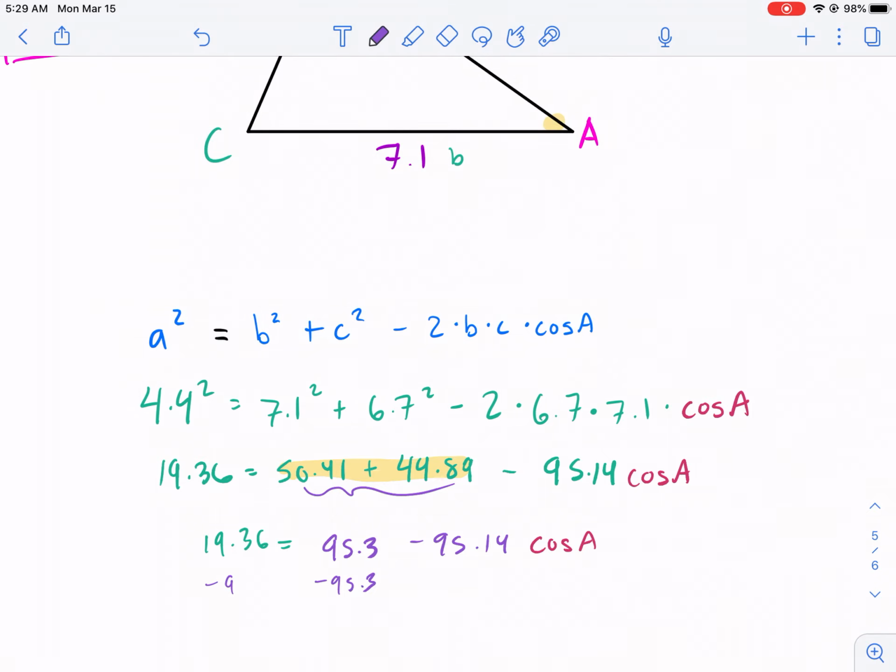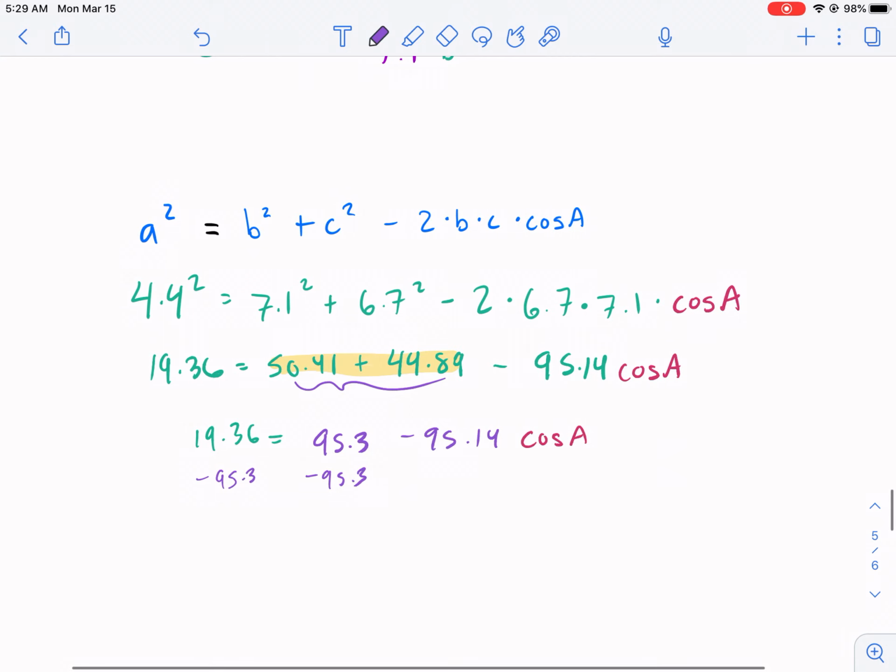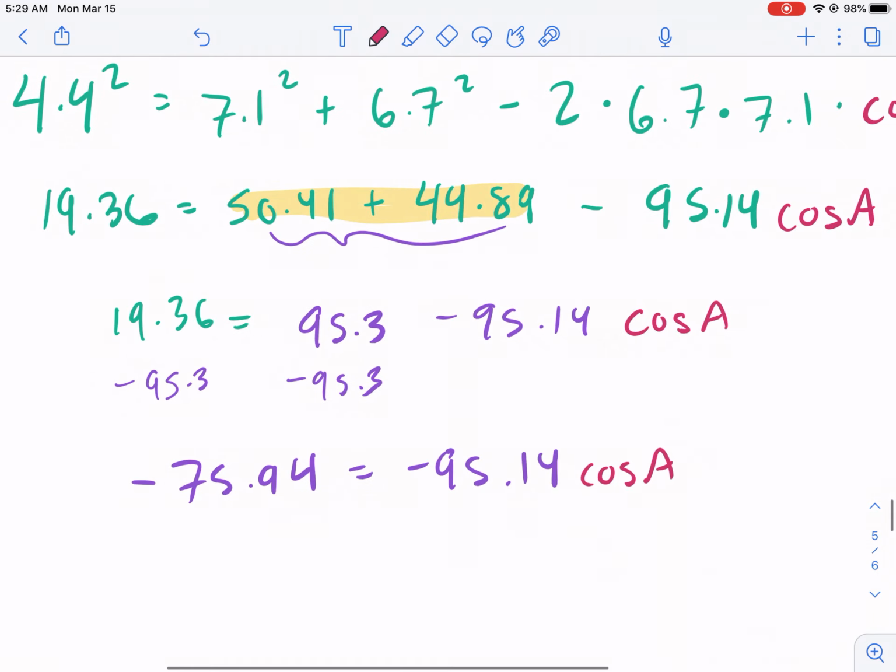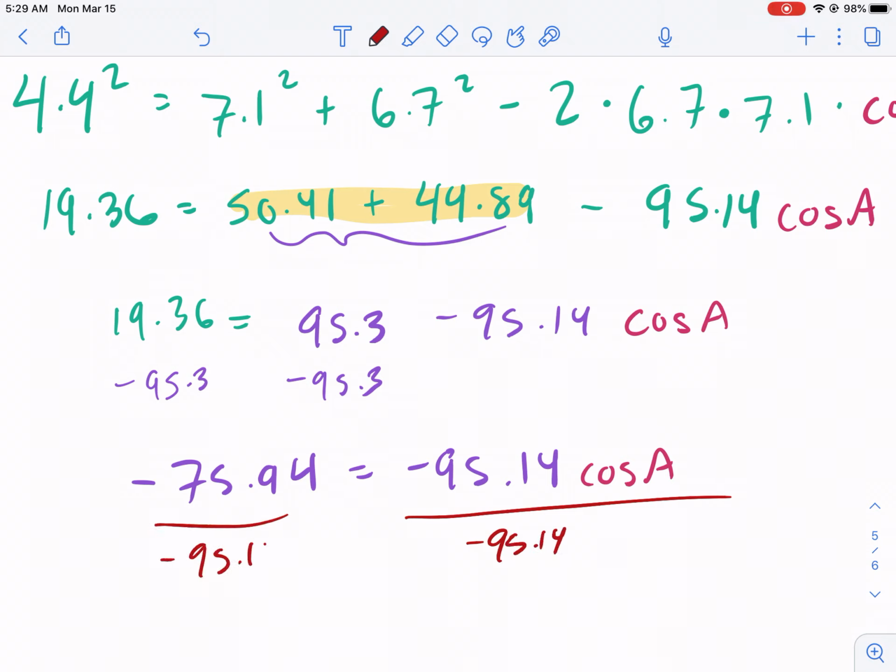Starting to get the cosine of A by itself, minus 19.36. Okay, so I get negative 75.94 equals negative 95.14 cosine of A. Almost done. To get the A by itself, first I've got to get cosine A by itself. I'm going to divide both sides by negative 95.14.